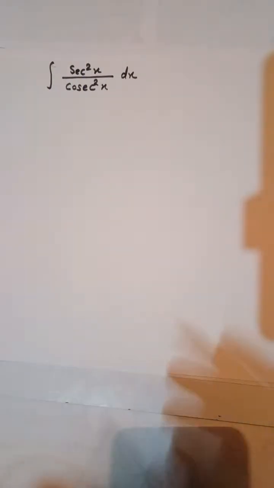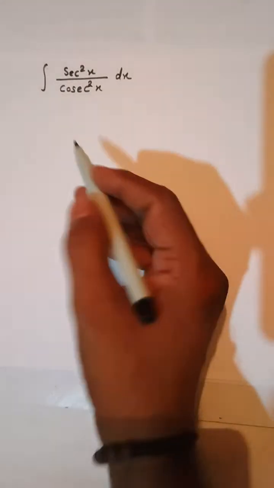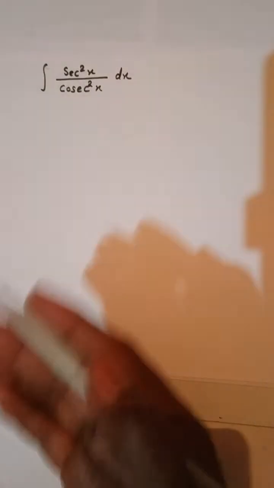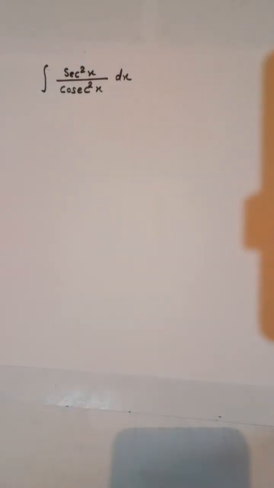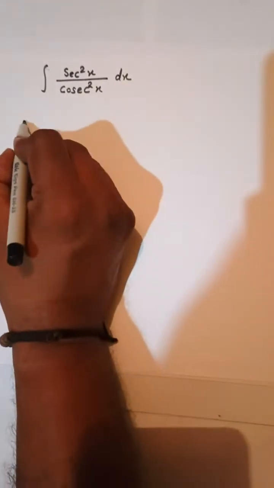This will be difficult if you're trying to find any kind of formula that could be applicable here; you will find no formula. But if we do some kind of transformation, sec square is related to cos square x, and cosec square is related to sin square x, so that time it will become an easier step.